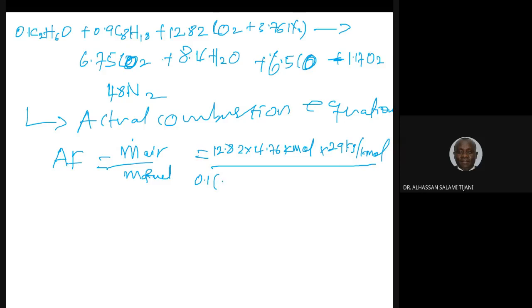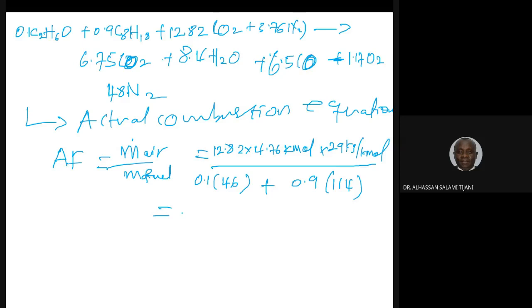So if you combine all this, you get 46, plus, and again, for the fuel, you have 0.9, so all the molecular mass for the fuel is this, and all of this gives us the air-fuel ratio.